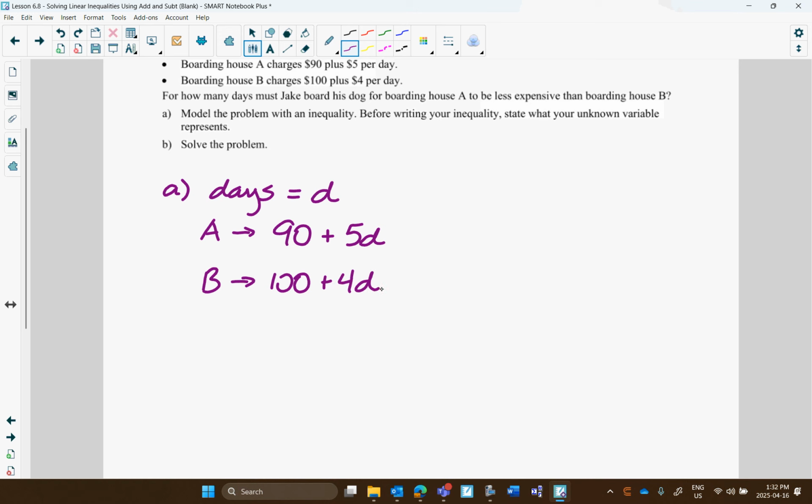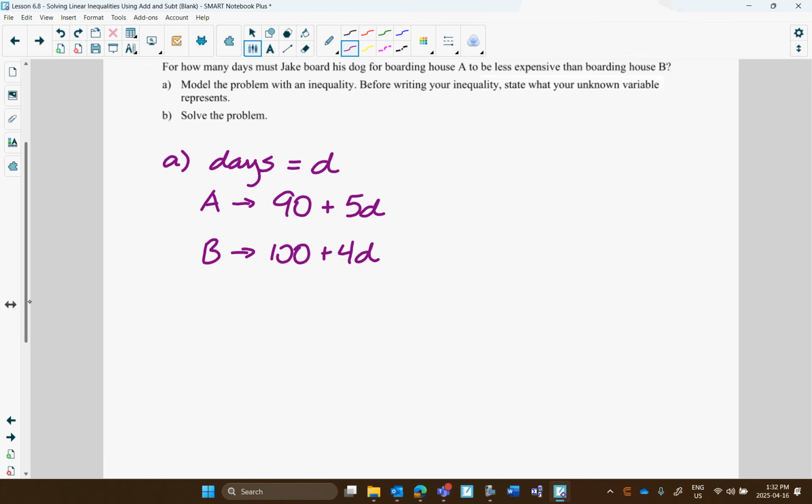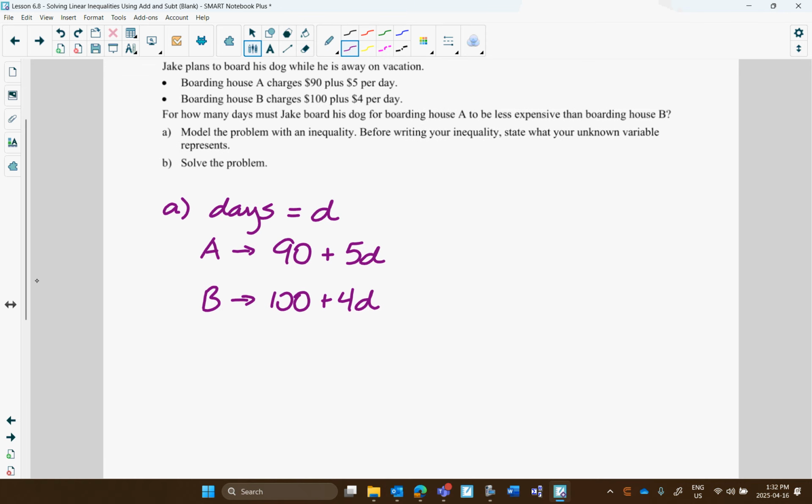So remember, that's what we did when we solved problems using equations. We made our expressions. Now we've got to make our inequality. And how do I know it's an inequality? I see the word less or more or greater. If you don't see that word, that means it's an equation.